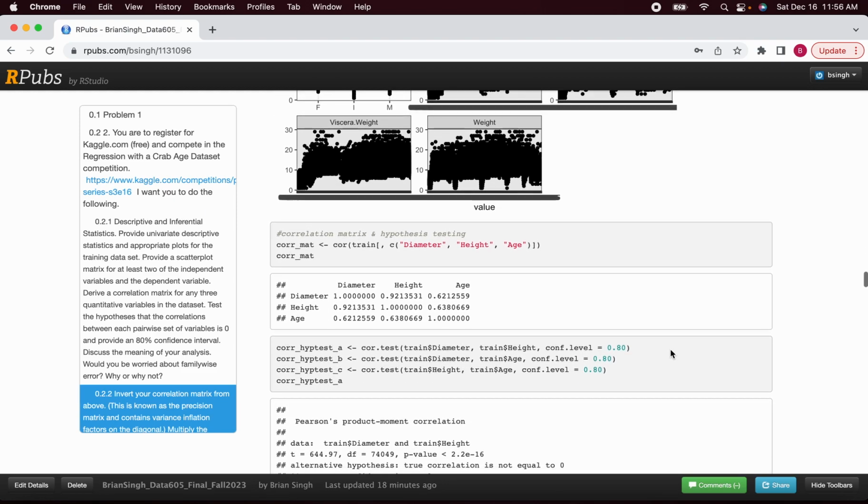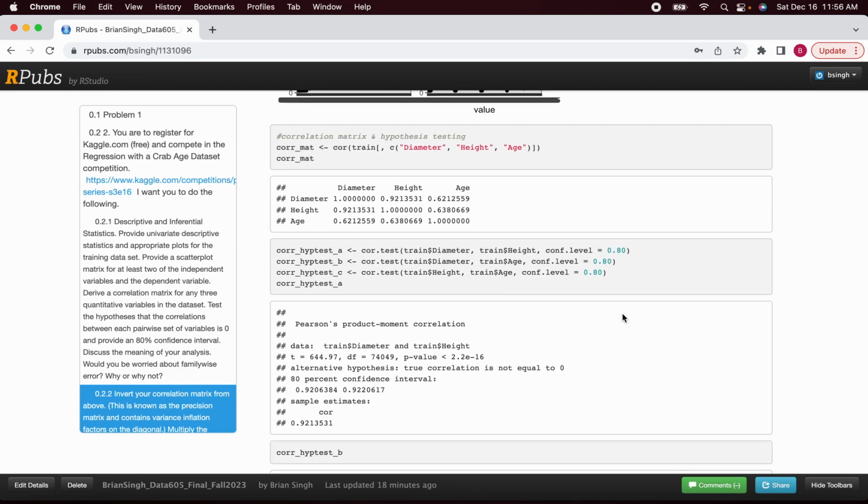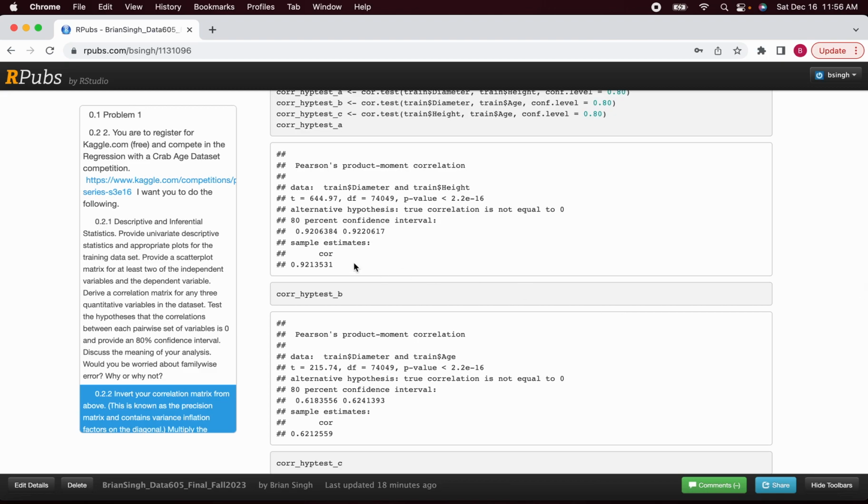The problem then wants us to do some correlation matrices and hypothesis testing. So I run the correlations between diameter, height, and age, setting the 80% confidence interval as asked. And I can see essentially we have some strong correlations between height and diameter. Yeah, here.